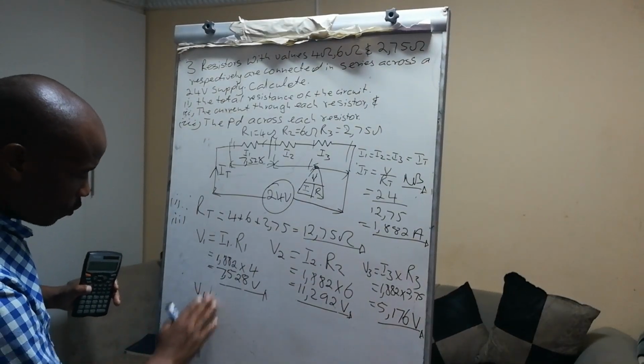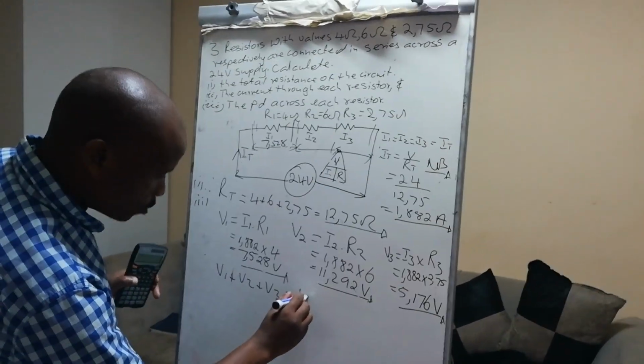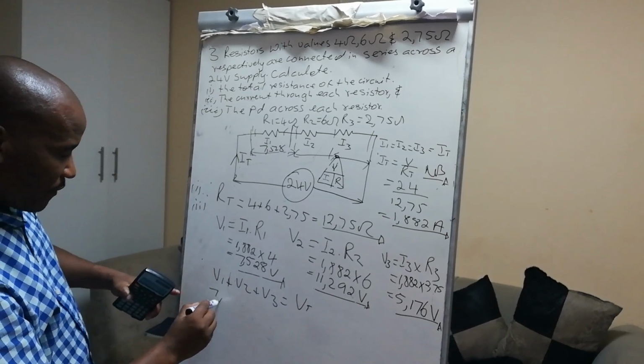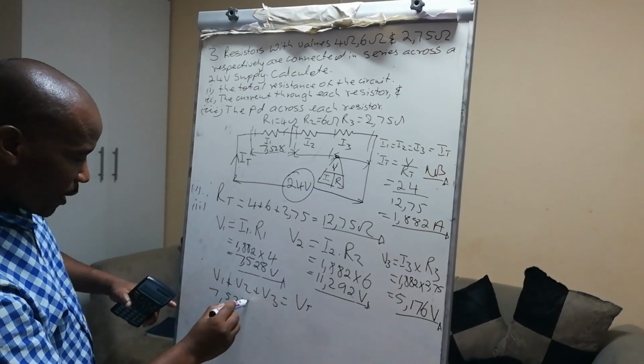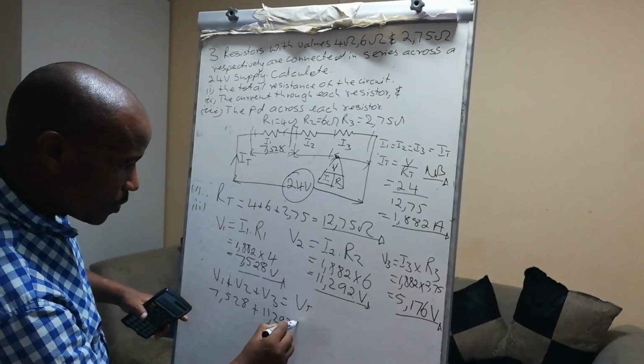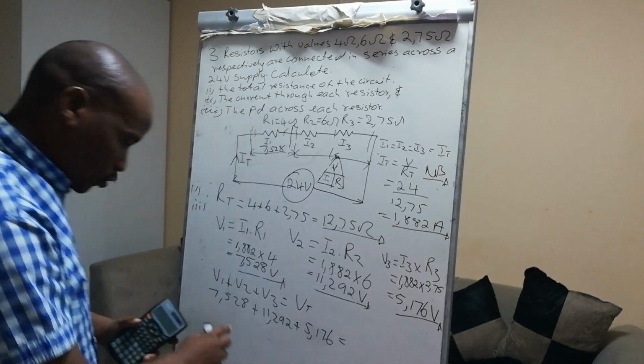V1 plus V2 plus V3 is equal to V total. This is equal to, let's say, 7.528 plus 11.292 plus 5.176 is equal to what?